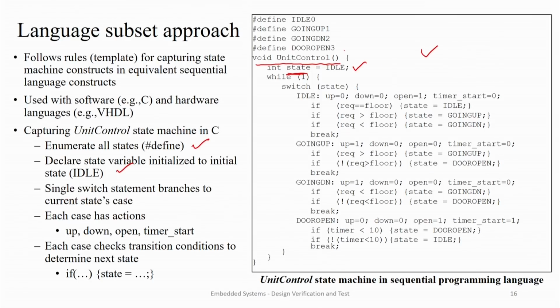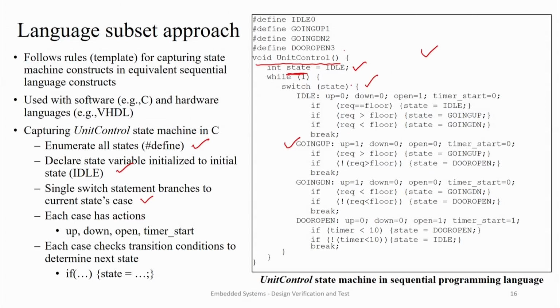There is a single switch statement which branches to the current state's case. At each point in time we use a switch case to branch to the current state's case. Suppose the current state of the FSM is going up, then it is 1. So, switch going up, or switch 1, will take you to the going up state.